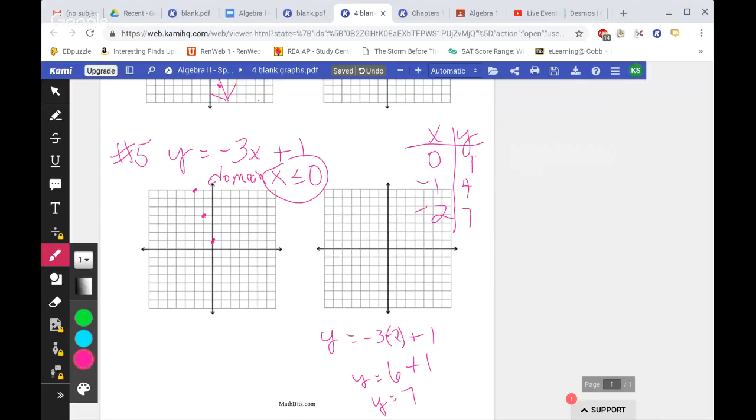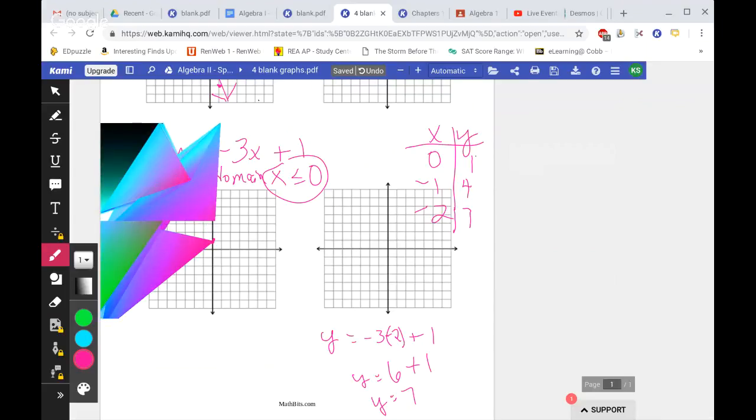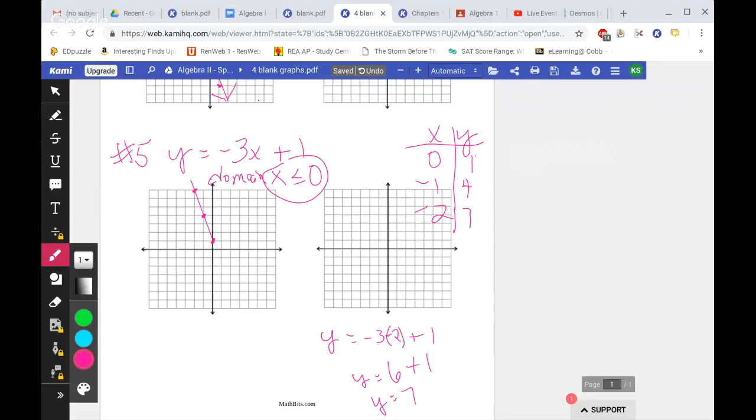Because the domain is less than or equal to 0, remember how in the last unit sometimes we would have one of those blocks and the arrow would only go in one direction?